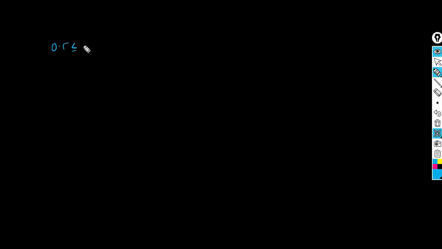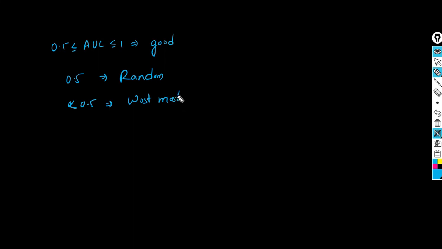If the value is between 0.5 and 1, we can tell this is a good model. If we get 0.5, then it's a random model. If we get less than 0.5, then we can tell this is a worse model. But when we get a value like 0.2, we can reverse those predictions.